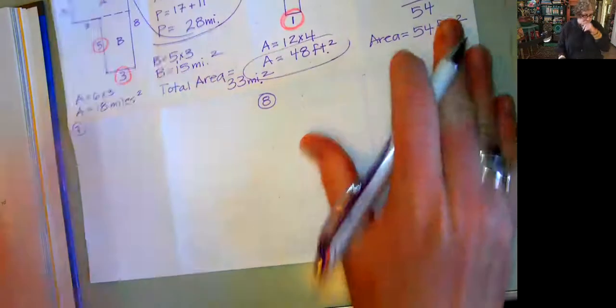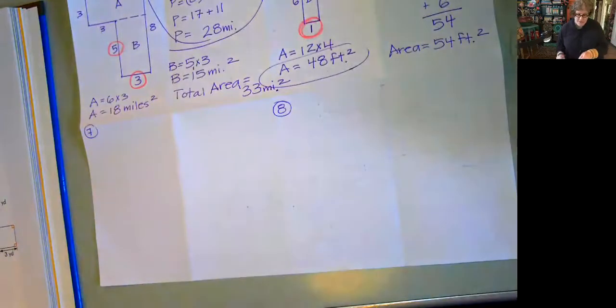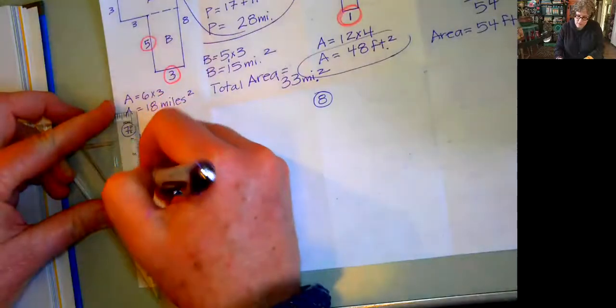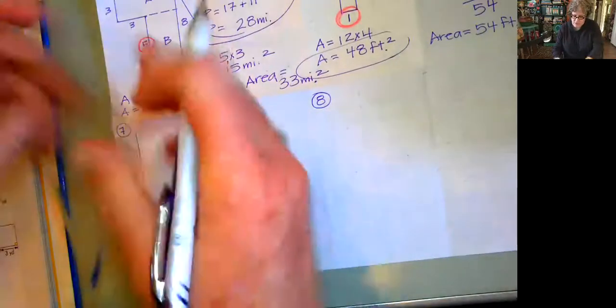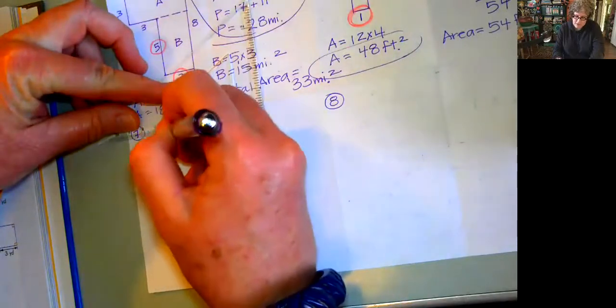Okay, let's do 7. Remember, we're finding the area. So I'm drawing this. This looks like an L. It's fairly simple compared to some of the other ones. So I'm just drawing, this part's a little wider.